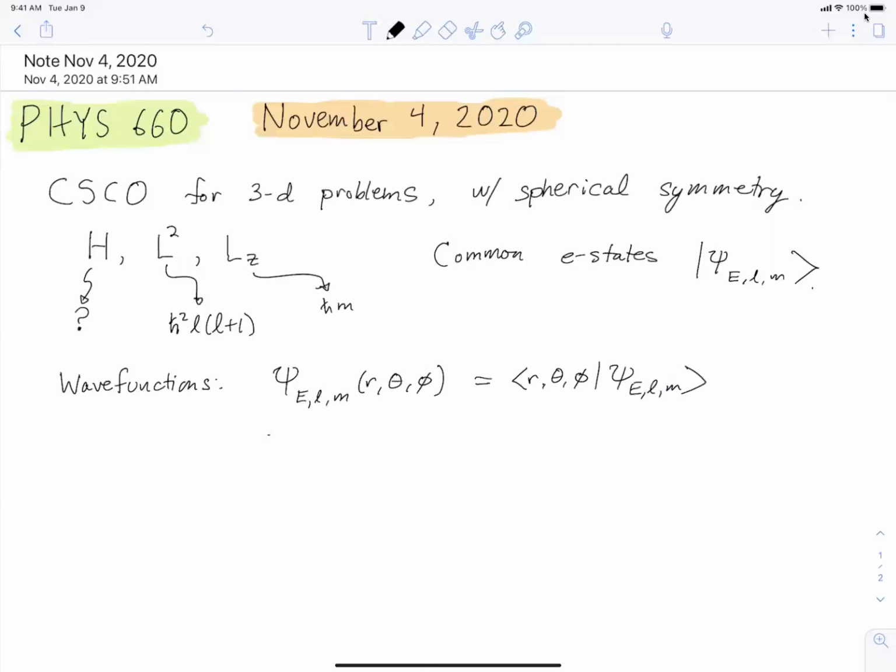Okay, and we showed before that we could separate this into a radial part that depends on E and L and the radial coordinate, and an angular part which depends on L, M, and the angular coordinates. One thing to keep in mind is the radial part doesn't depend on M, and the angular part doesn't depend on the energy.